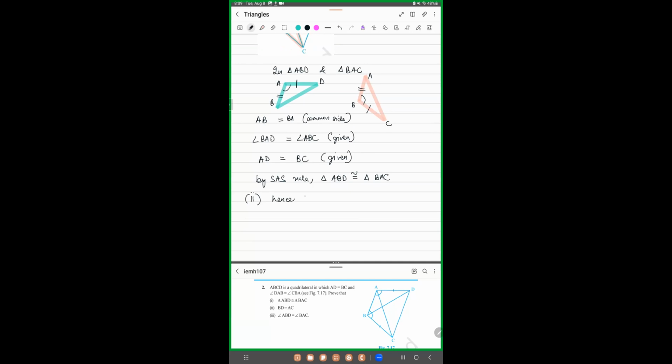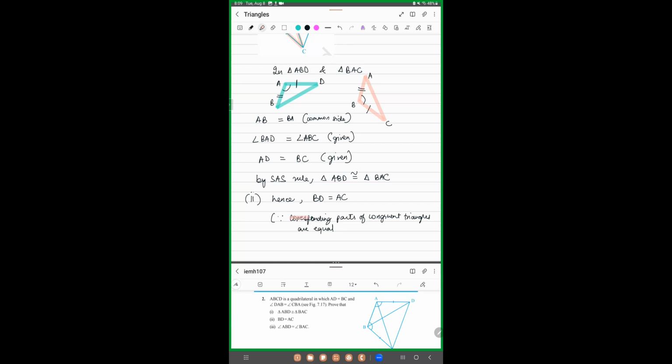Hence, BD is equal to AC, since corresponding parts of congruent triangles are equal. In short, we write it as CPCT.